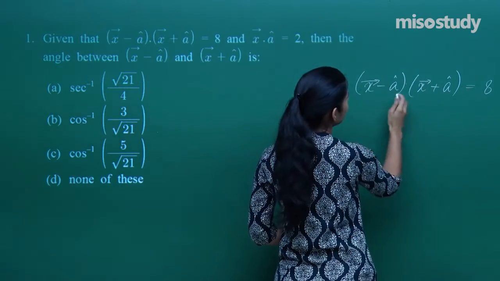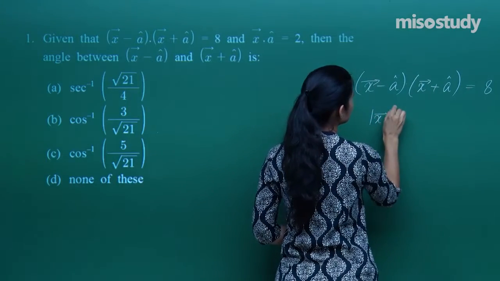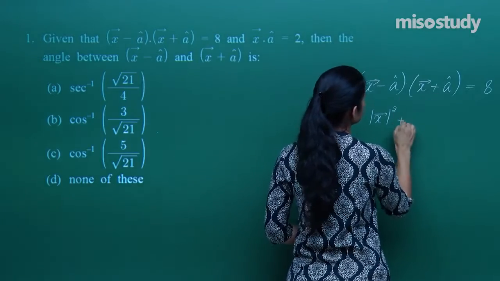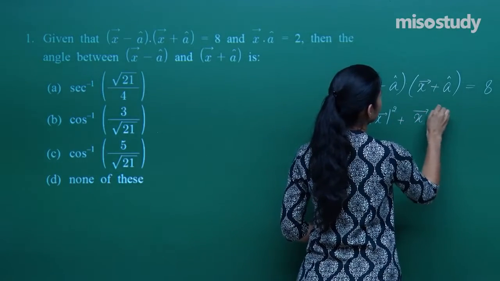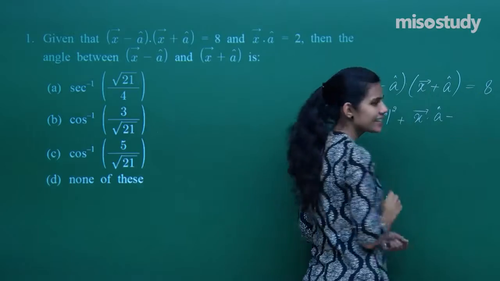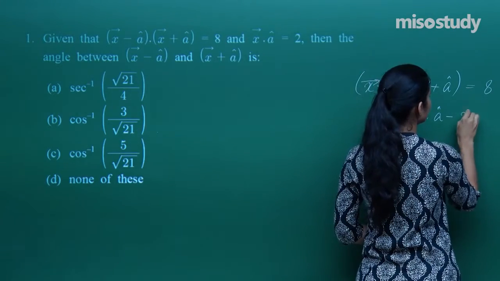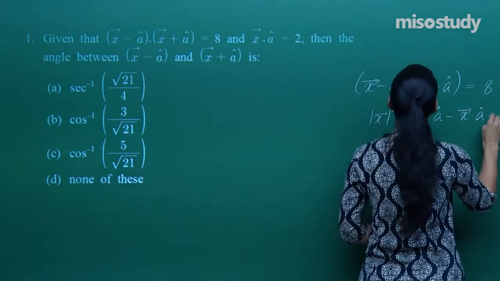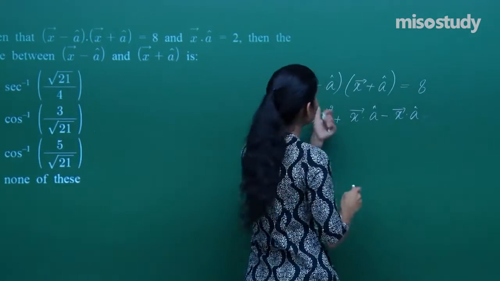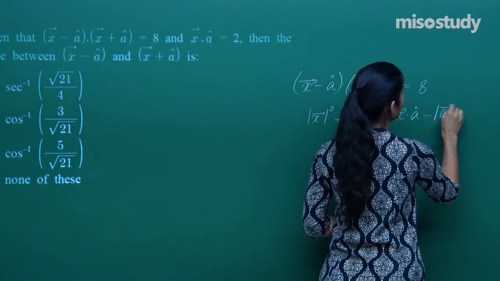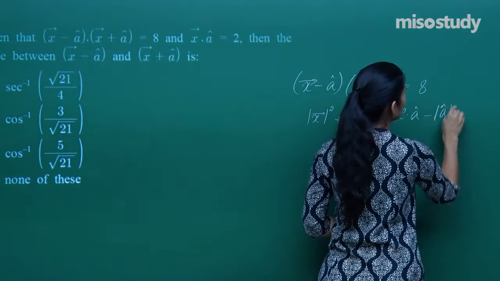X vector dot x vector is mod of x vector whole square, plus x vector dot a cap minus a cap dot x vector (or x vector dot a cap is the same thing), minus mod of a cap whole square.